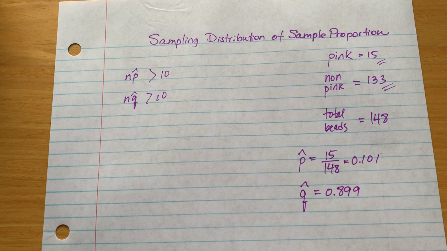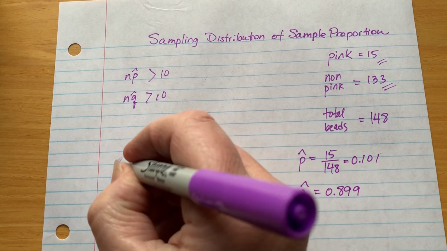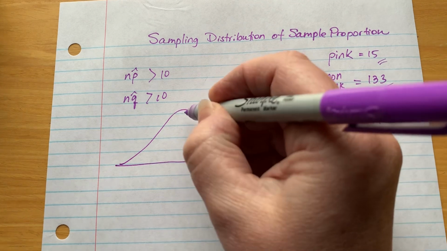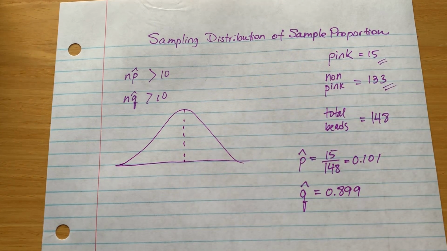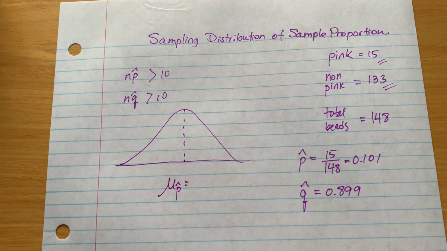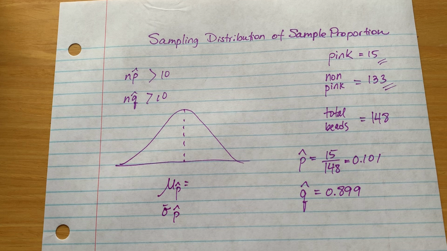In order to figure out what my sampling distribution of p hat looks like, I would like to know two things about that sampling distribution. What are those two things? I would like to know the mean of p hat, and I also would like to know the standard deviation of p hat.